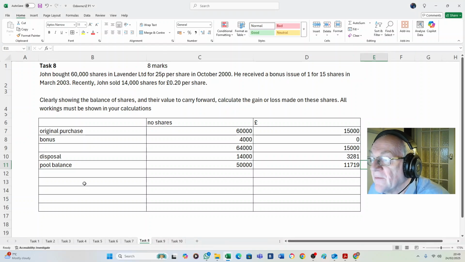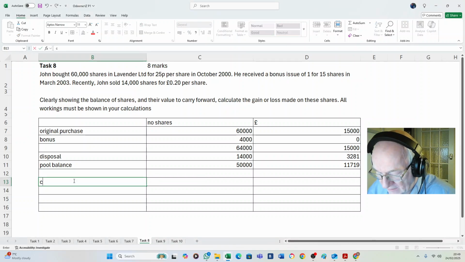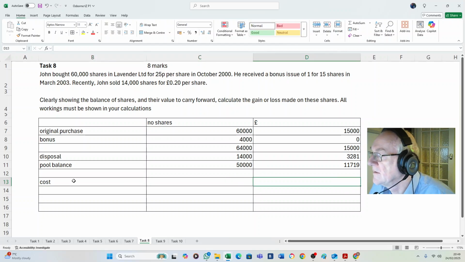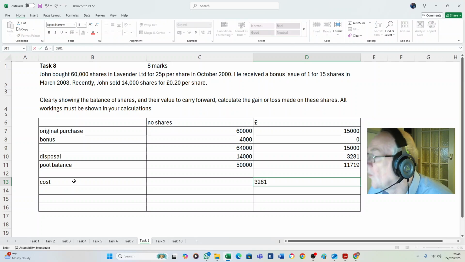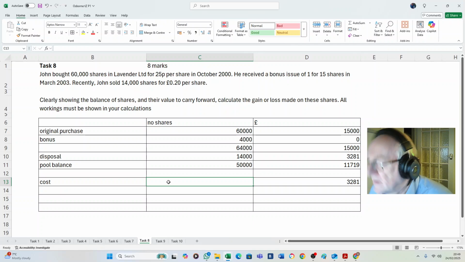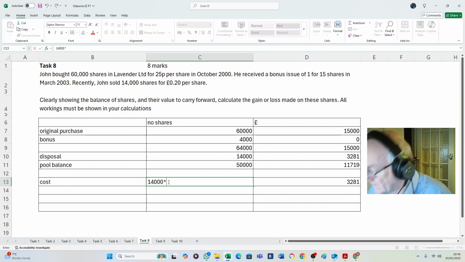So now I'm just going to leave a row basically. Cost, we know the cost, it was the 3281. So I suppose we could show that one 14,000 because we didn't write it in full.